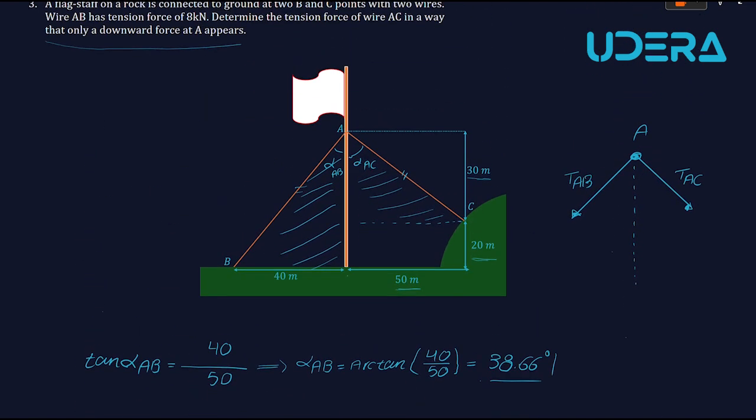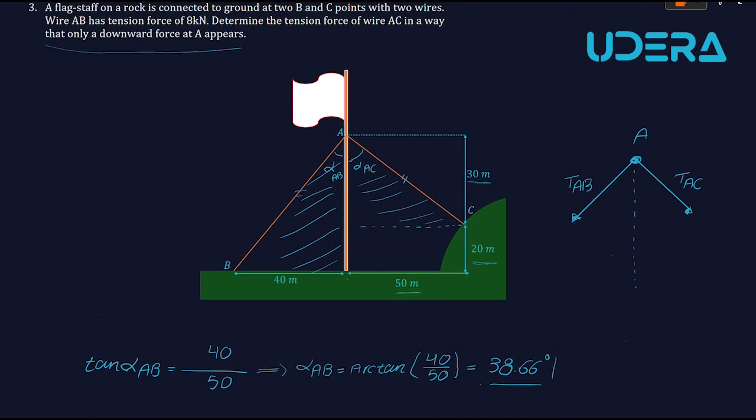As I mentioned, to solve this problem as it is stated, the horizontal force components at point A have to interplay in a way that the resultant vector of them along the horizontal direction is 0.